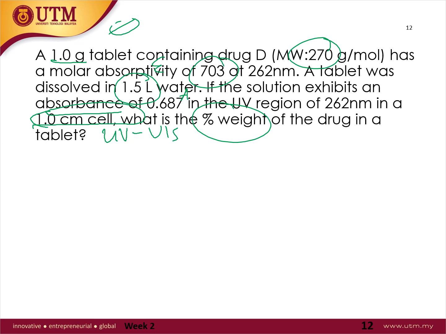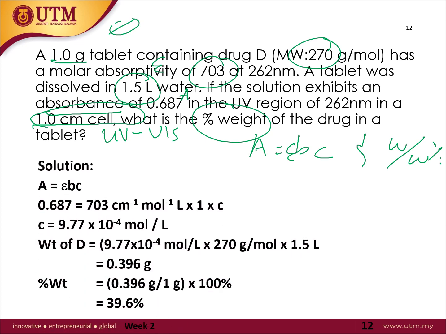This is a combination of calculation using C and also weight over weight percent, which you learned before in chemical analysis principles. You calculate the concentration using this. You get 9.77 times 10 to the power of minus 4 molar.